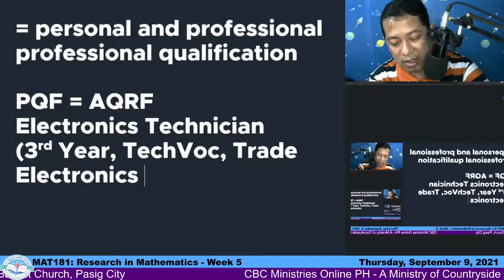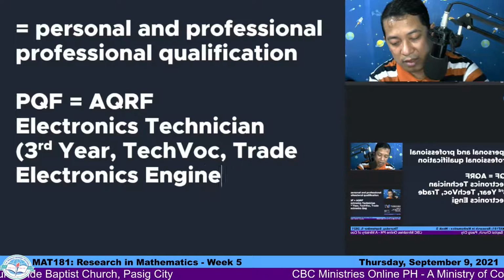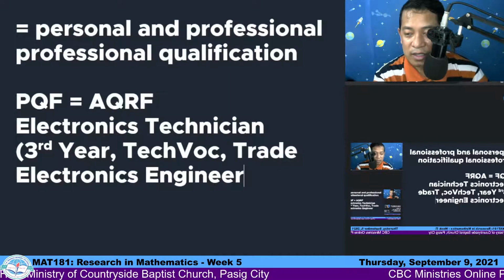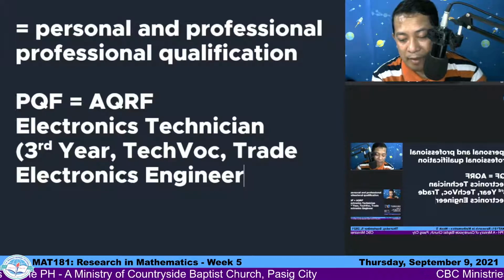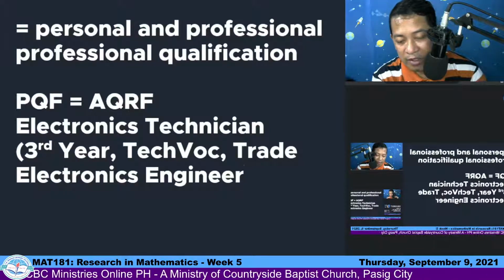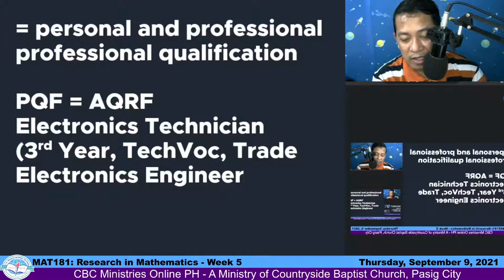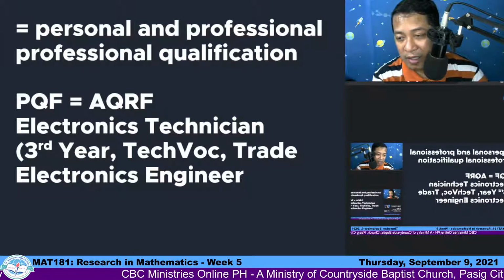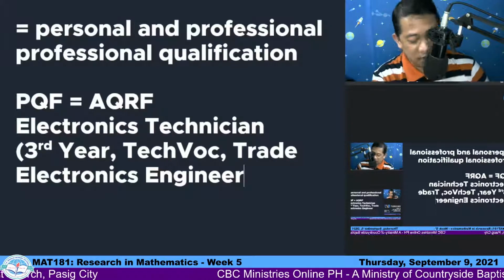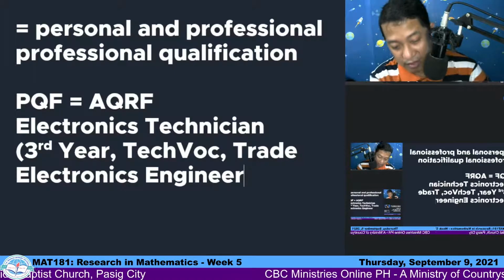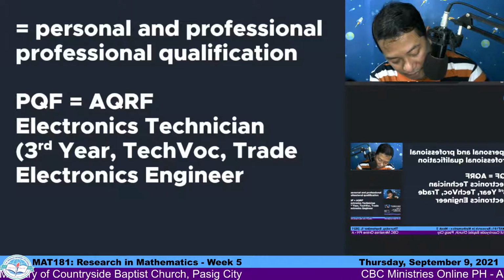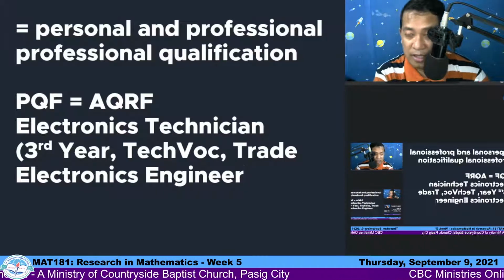You could take a licensure examination after you graduate. So that's the prerequisite of taking the board exam. So there are professions that are not regulated. That's why sometimes we call them automatic engineers or instant engineers, because there are different engineering professions that don't have any regulation.